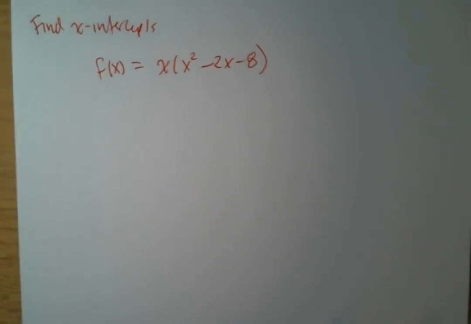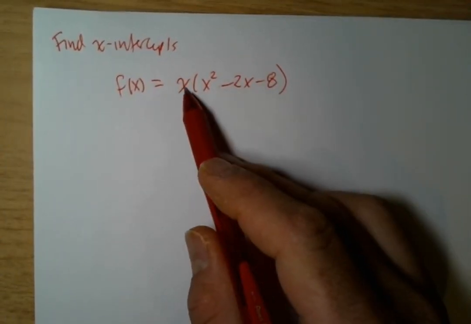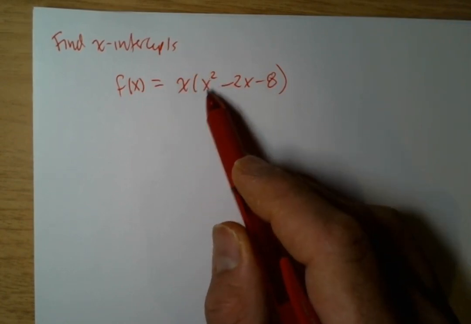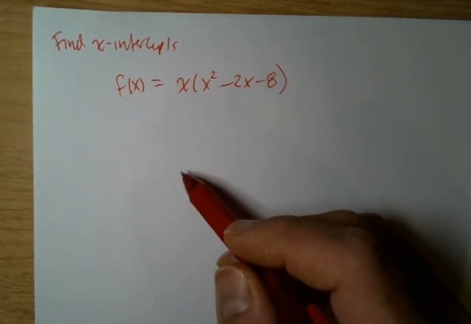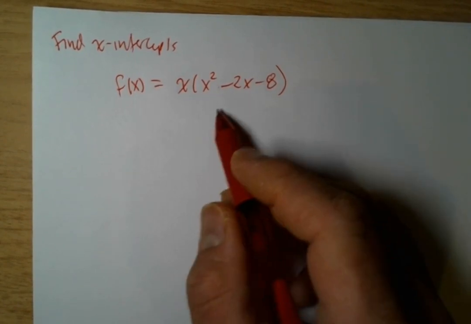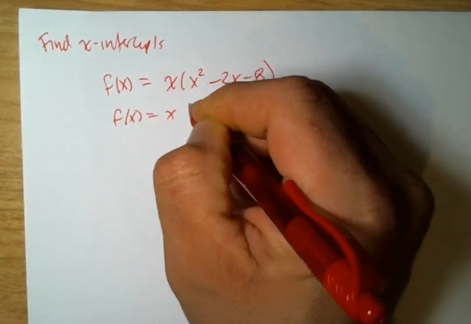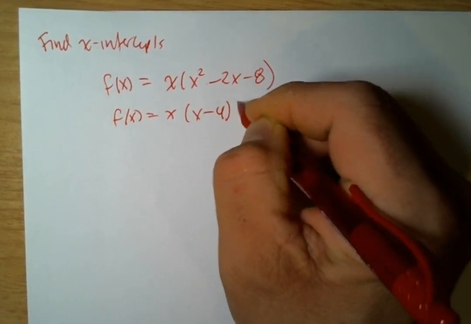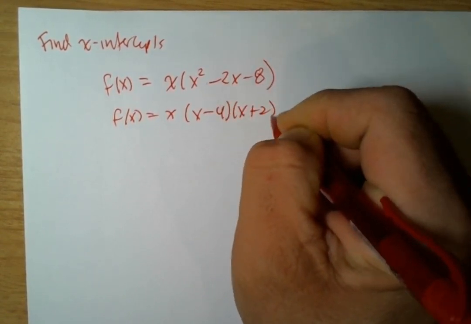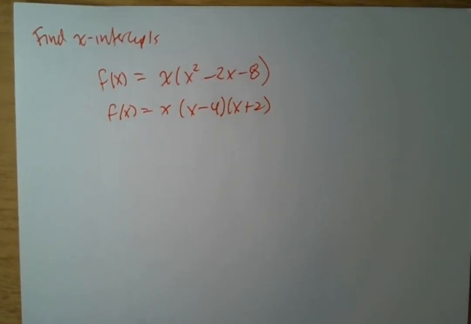For this function, we're going to have a cubic. It's a quadratic, and if I distribute the x, we'll get a cubic. But to find the x-intercepts, I actually want to factor. So it looks like I can factor this in this form.